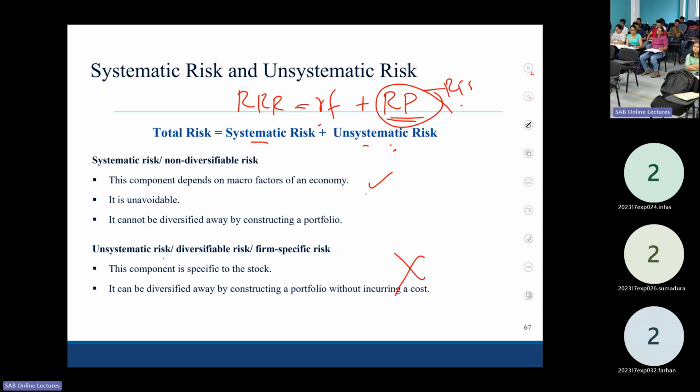So the risk premium is provided for what? Systematic risk. Because there is no need to give a premium for the unsystematic risk. If you are a rational investor, you should be able to diversify that by constructing a portfolio. But this one, you cannot. Therefore, the risk premium is for bearing systematic risk.